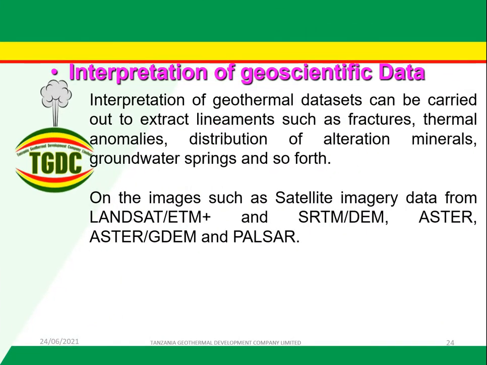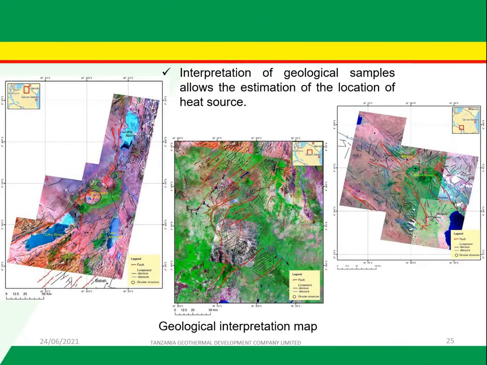Interpretation of geoscientific datasets can be carried out to extract lineaments such as fractures, thermal anomalies, distribution of alteration minerals, groundwater springs, and so forth. On images such as satellite imagery, data from Landsat ETM Plus, SRTM digital elevation model, ASTER GDEM, and PALSAR can be used to interpret different geological, geophysical, and geochemical samples.